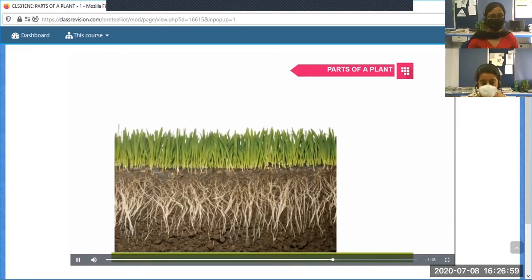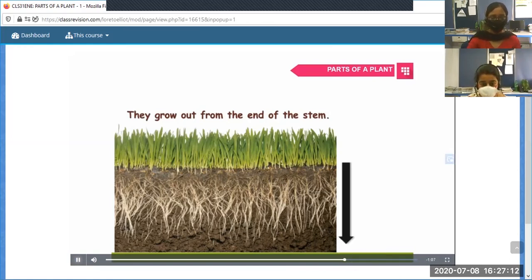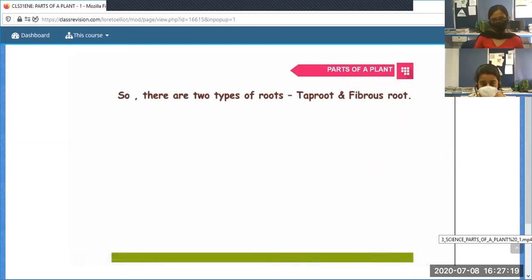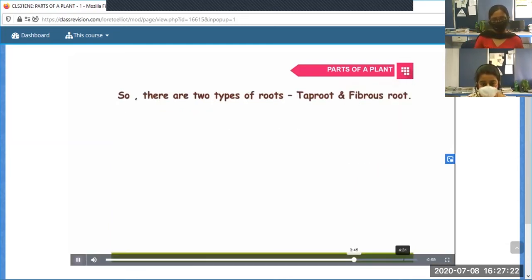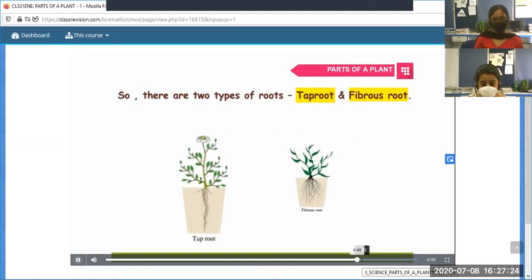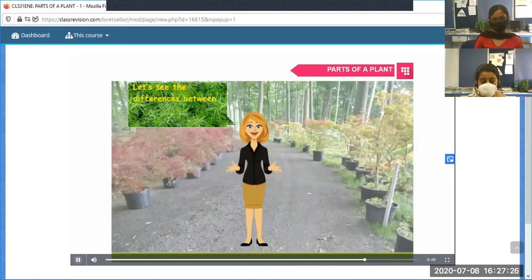Now observe the fibrous root. Yes, these are grasses, and I told you grasses have fibrous roots. They grow out from the end of the stem. Such roots are called fibrous roots. So, there are two types of roots, taproot and fibrous root. Now let's see the differences between taproot and fibrous root.